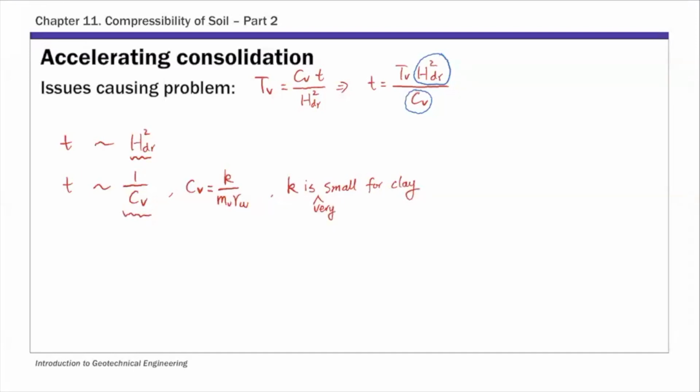So therefore, if we identify the issues, then the way to actually accelerate consolidation is, okay, so solution. So one way to accelerate this consolidation process, basically to reduce T, is to reduce H_DR. One option is we can reduce the drainage distance, H_DR.